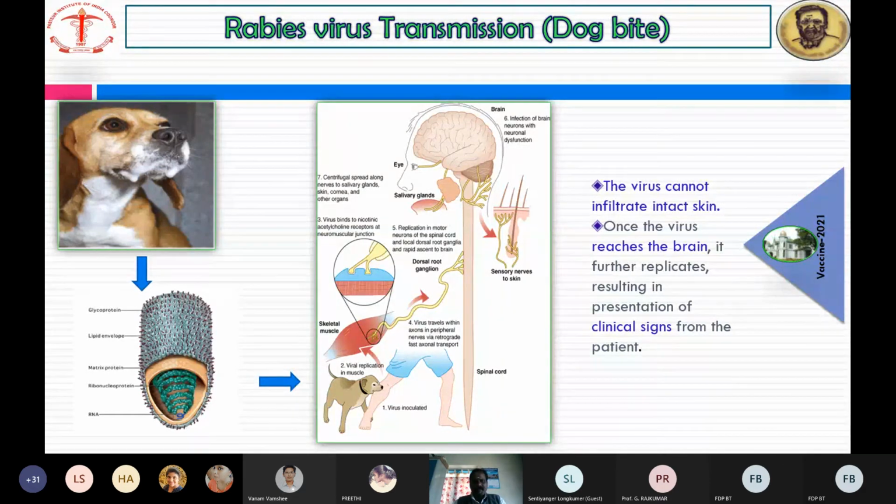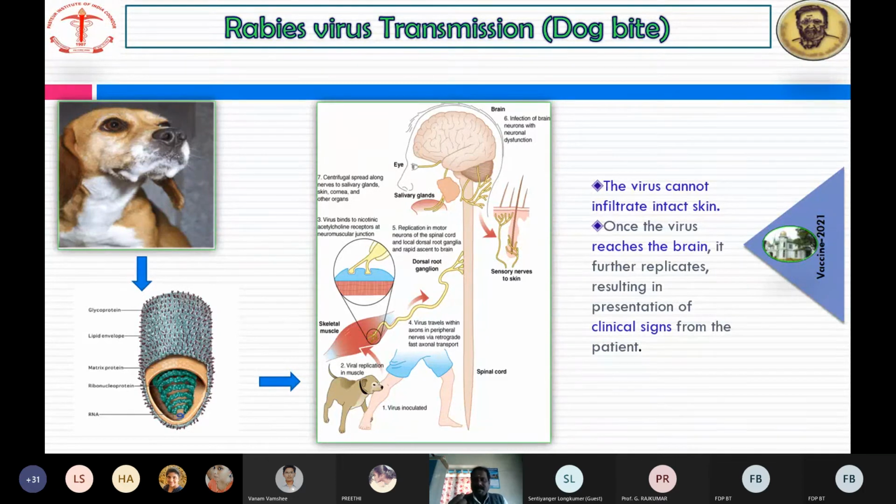The brain is the main control of all our activity, such as walking and eating; everything is controlled by the brain. If the virus multiplies throughout the brain, there are no proper signals, leading to photophobia, hearing problems, aerophobia, and spasm of the striated muscle.